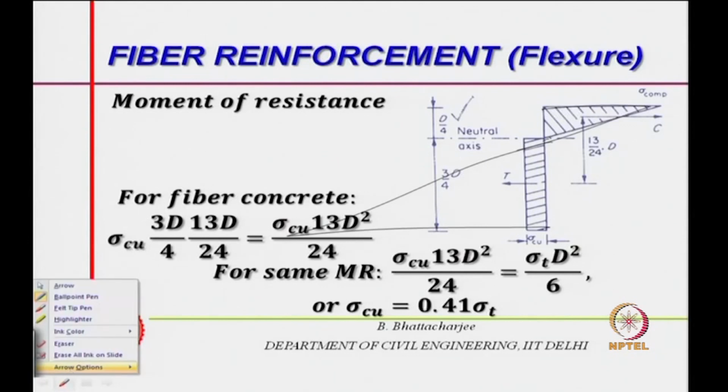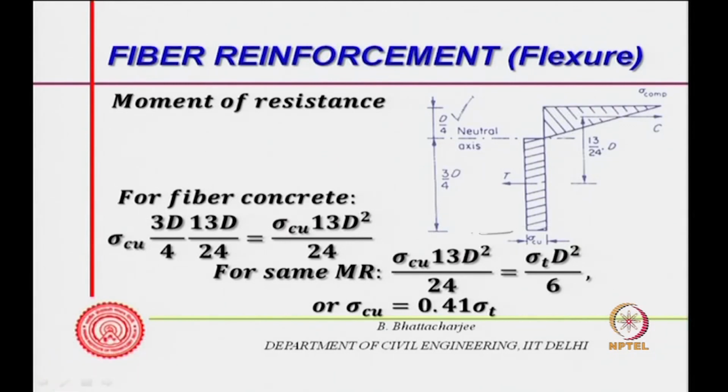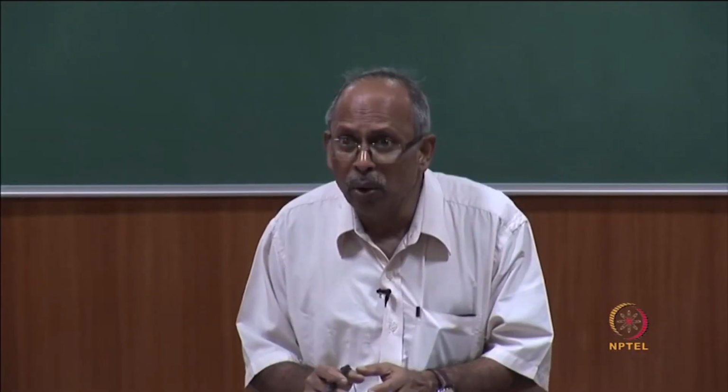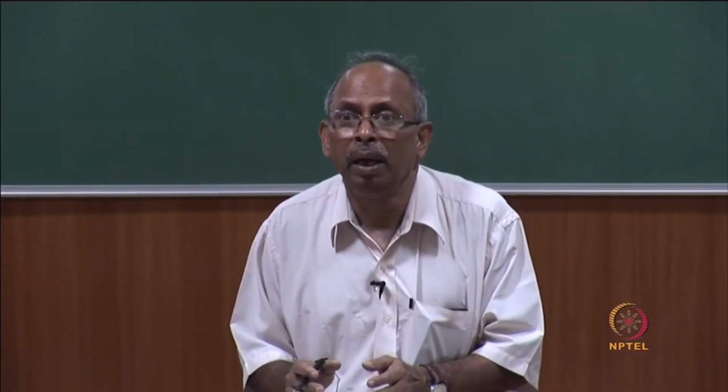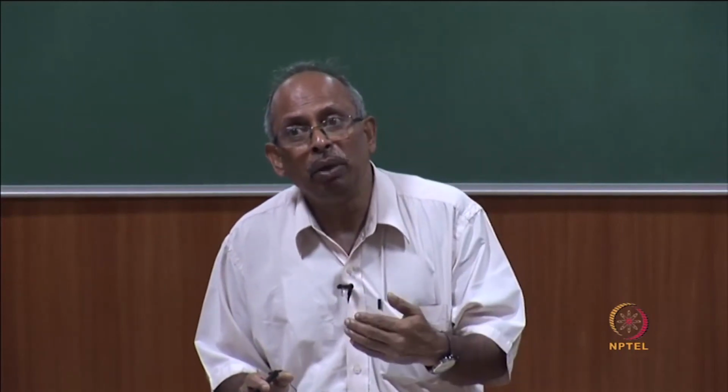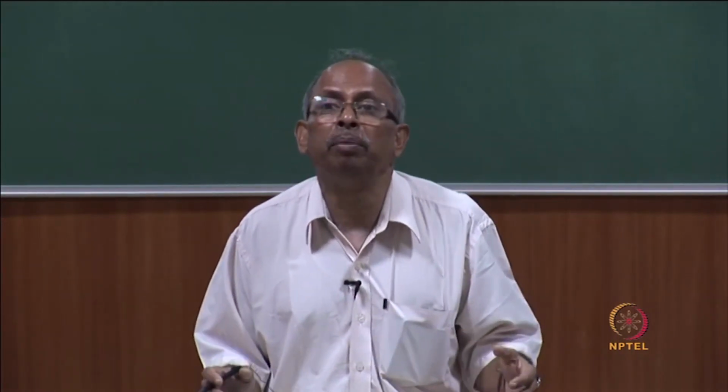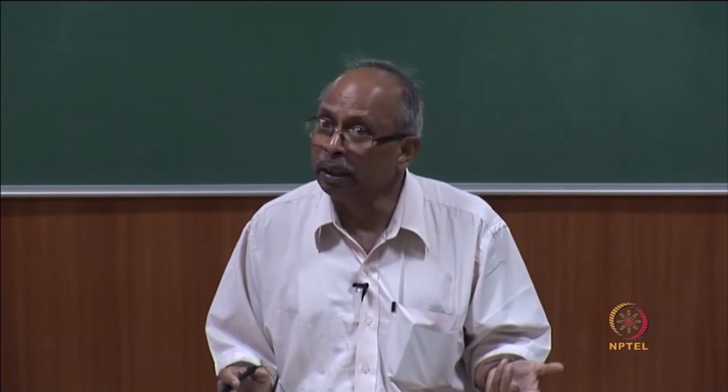The neutral axis strain would be very, very large, because it can now deform quite a bit. Correspondingly the neutral axis will go up, and there will be a lot of rotation available, because the crack will not simply open up; the fibers will restrain the crack opening, and therefore it will ensure a lot of deformation prior to failure, pseudo ductility.